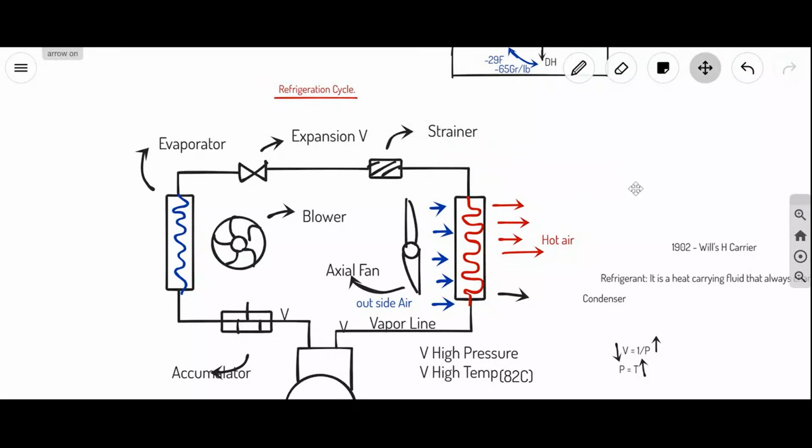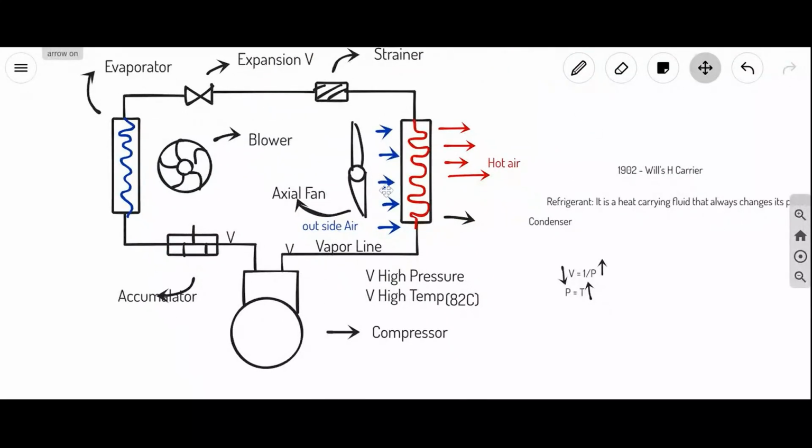Now, when the cold air comes in contact with this hot refrigerant, will the refrigerant temperature increase or decrease? Decrease. So very high temperature to high temperature we say. Very high pressure to high pressure.